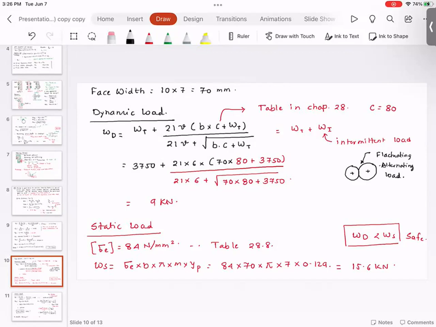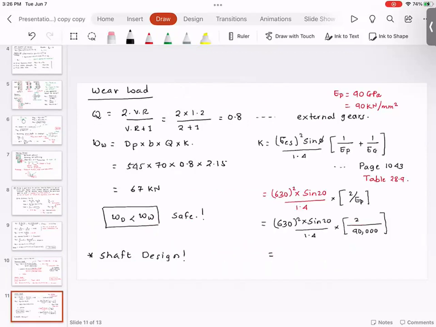And the value of WS is, as you can see, sigma E times B times pi times M multiplied by YP, and then you get 15.6 kilonewton as the static load. And since the static load is greater than dynamic load, the design is safe.